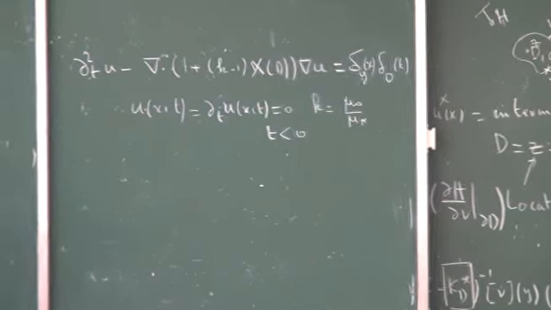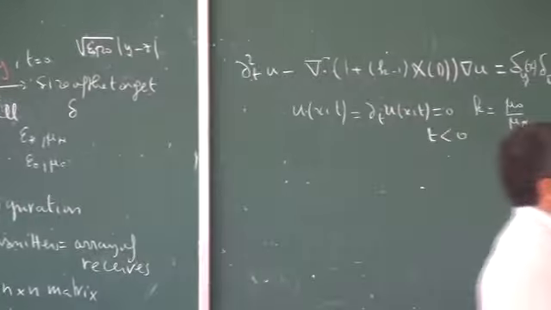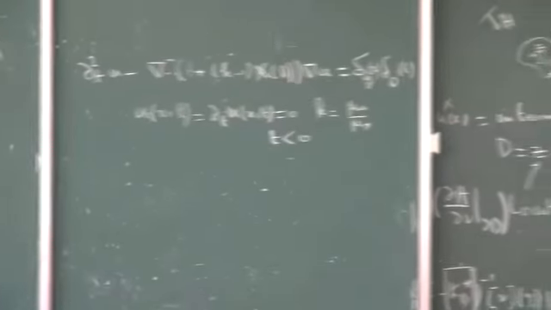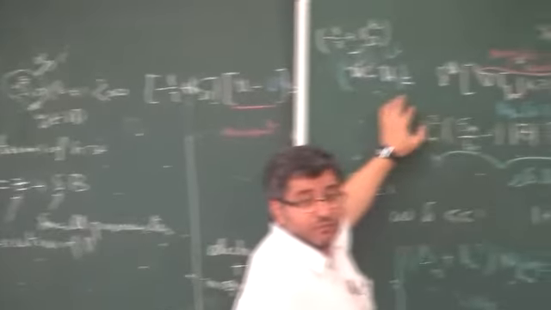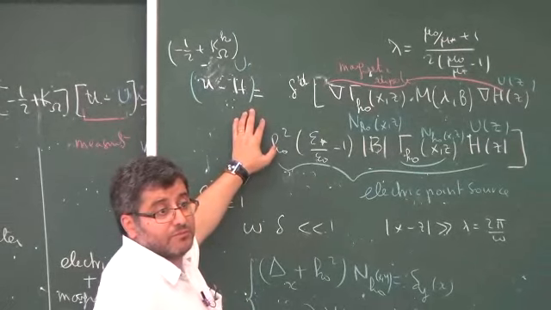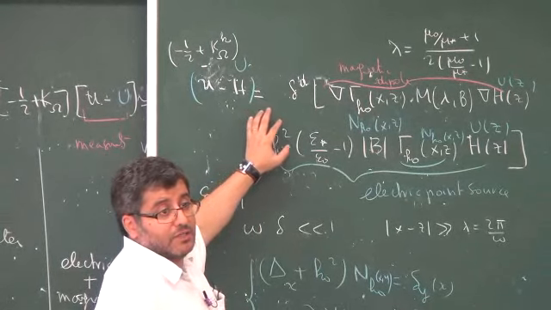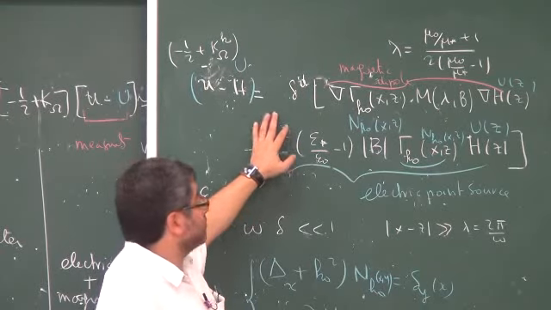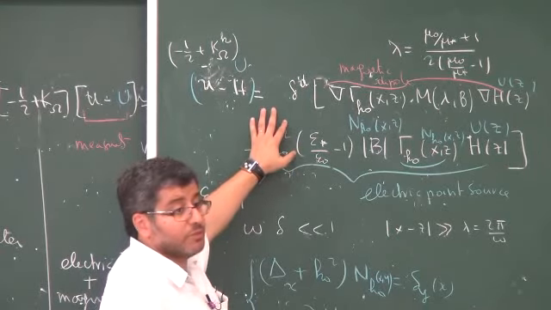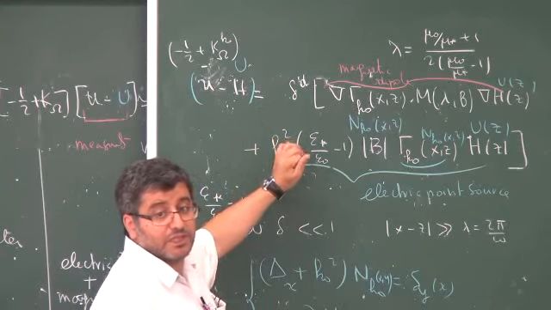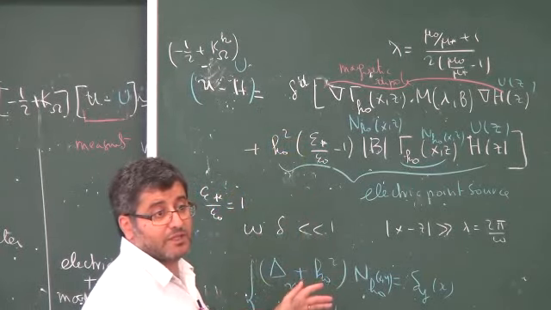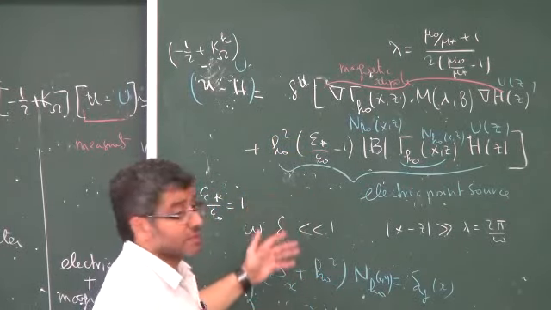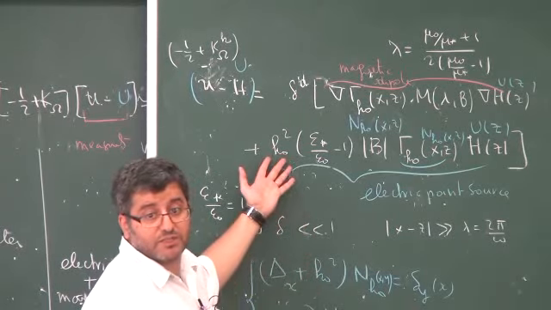If we want this asymptotic formula to hold, it is in the low frequency regime, not in the high frequency regime. To derive such a formula, we assume that the size of the inclusion is smaller than the wavelength. If the size of the inclusion is larger than the wavelength, there is no chance to have this formula.